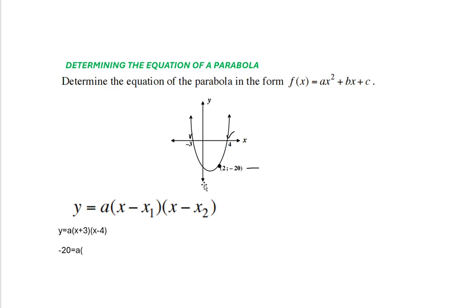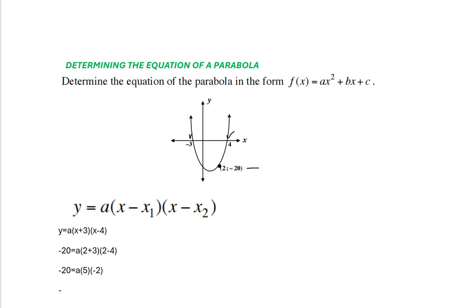Our x is 2, so (2 plus 3), close bracket, times (2 minus 4), close bracket. Then we can solve for a. So 2 plus 3 is 5, and 2 minus 4 is -2. So this is a times 5 times -2.